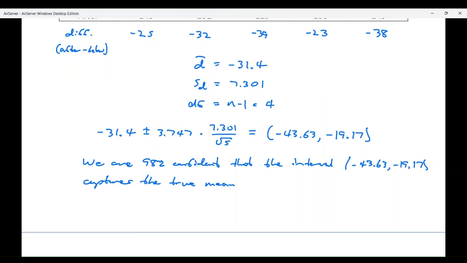I'm sorry, difference in means, right? We switched to difference in means. Some true mean difference, or true difference in means, for systolic blood pressure.